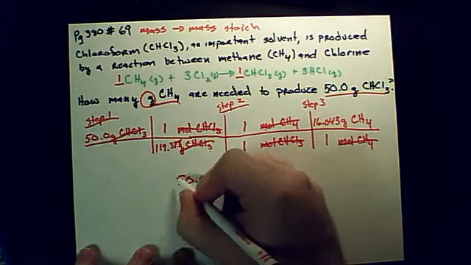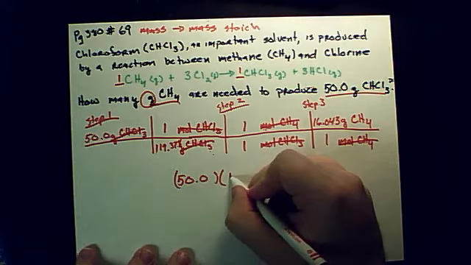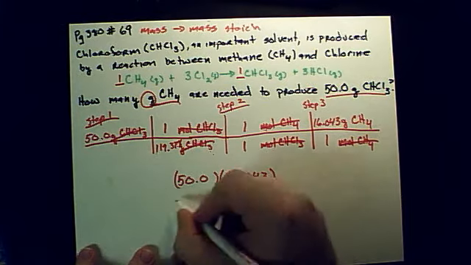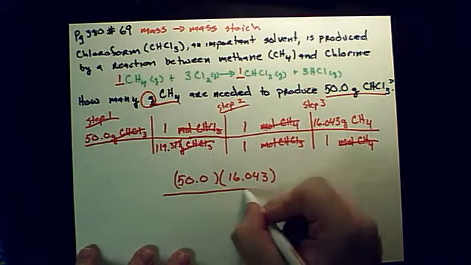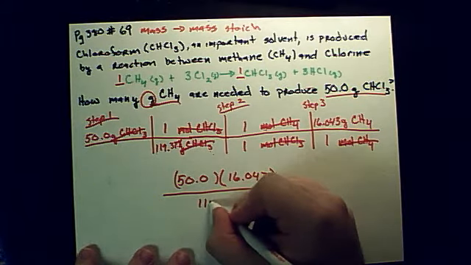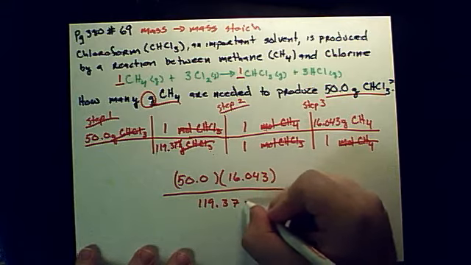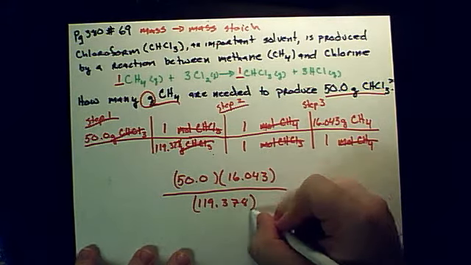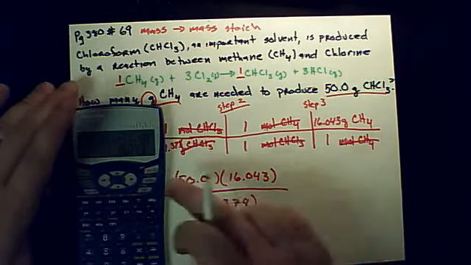50.0 times 16.043. I'm going to divide by the bottom, which is 119.378. Okay? So, let's put this in our calculator.